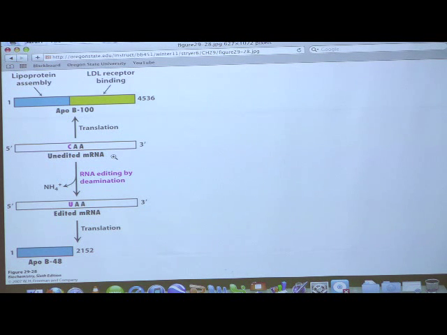So what is editing? Editing is a chemical modification that essentially changes a base after the RNA has been made.